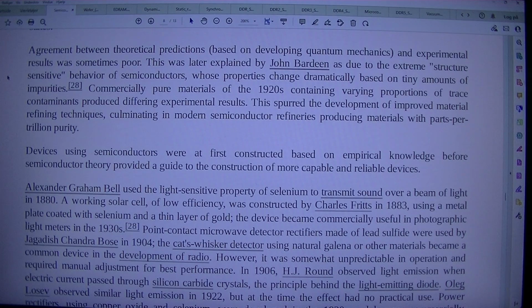Commercially pure materials of the 1920s containing varying proportions of trace contaminants produced differing experimental results. This spurred the development of improved material refining techniques, culminating in modern semiconductor refineries producing materials with parts per trillion purity.